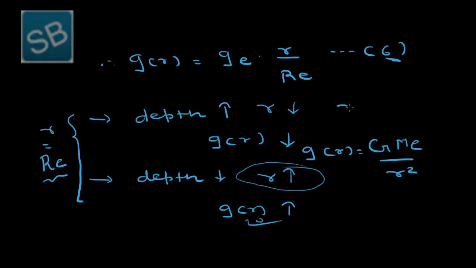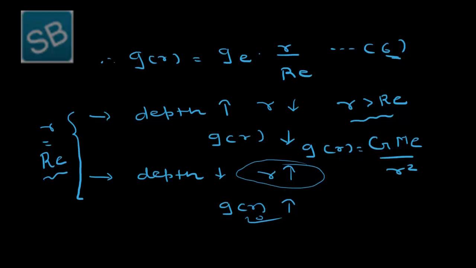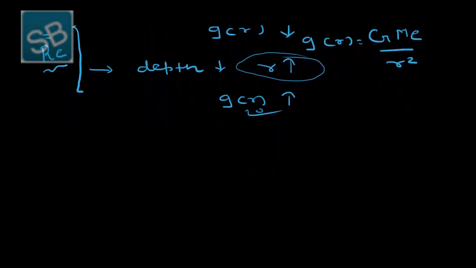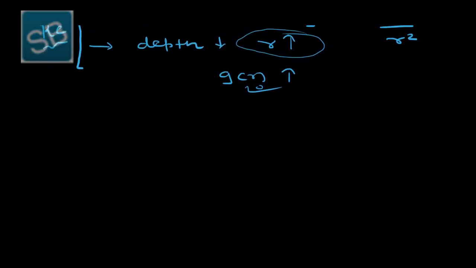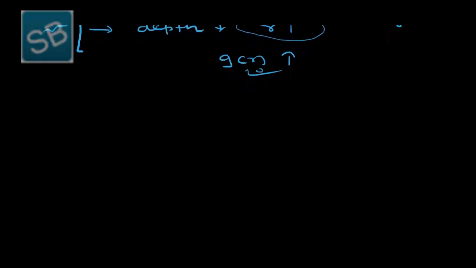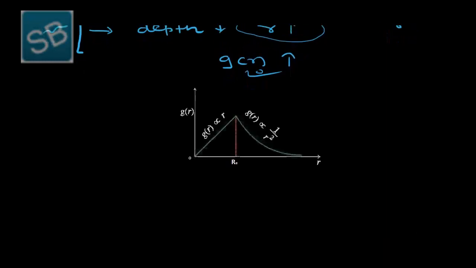But when the value of r is greater than the radius of the earth, then we have the relation in this way. So it is inversely proportional. And so let's see the characteristic curve of g of r versus r. So here is the relation.